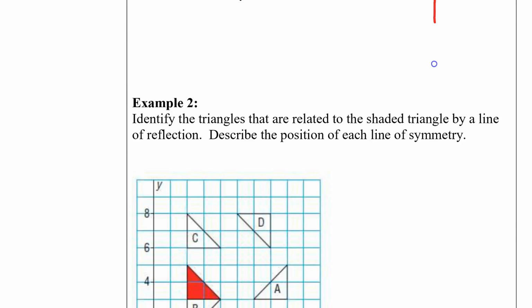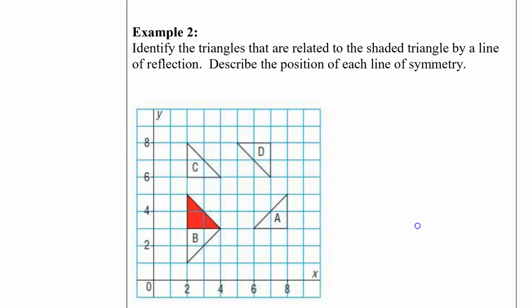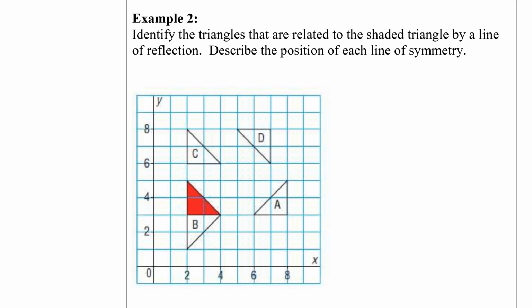All right, let's move on to example 2. Identify the triangles that are related to the shaded triangle. It will show up in red on the video, but maybe gray in your notes, by a line reflection. Now we don't want rotational, we don't want anything twisted, we just want straight reflections.